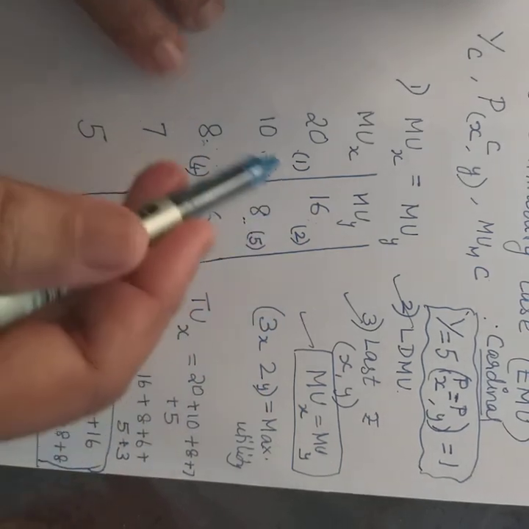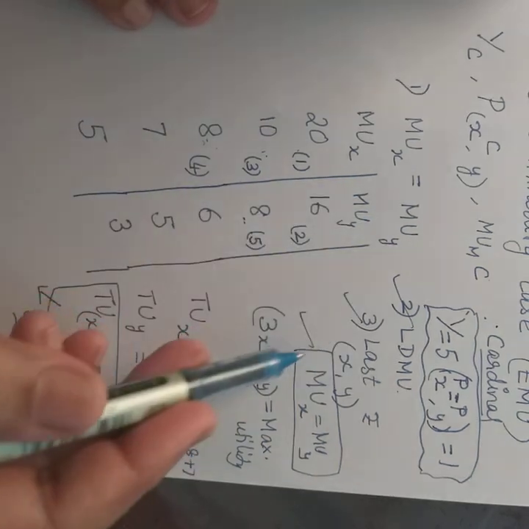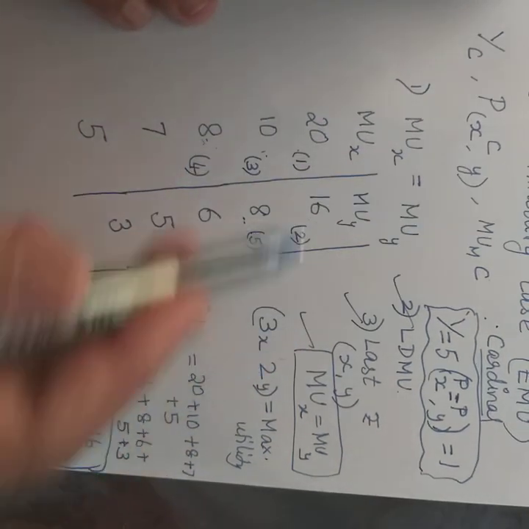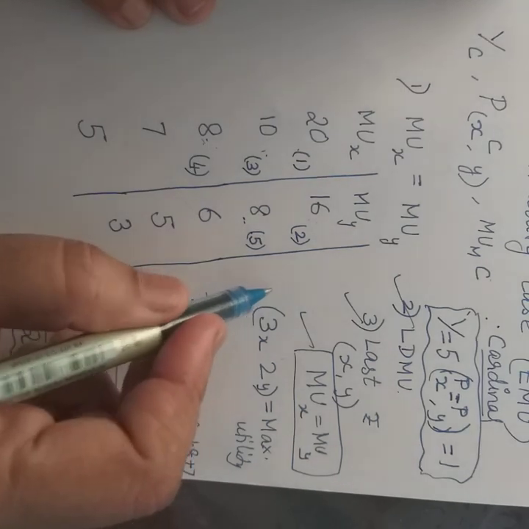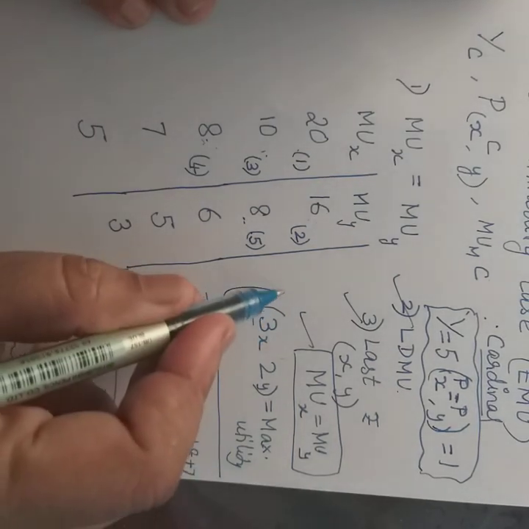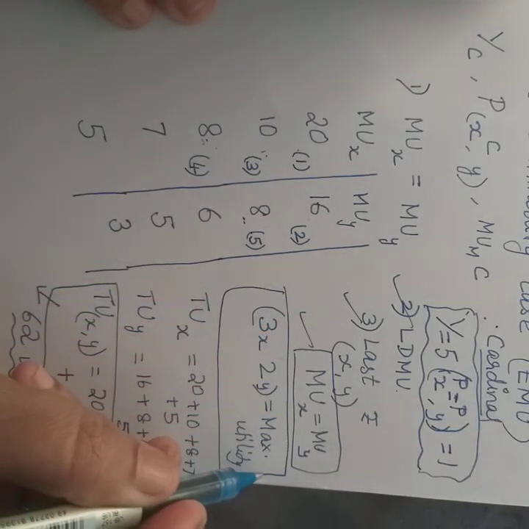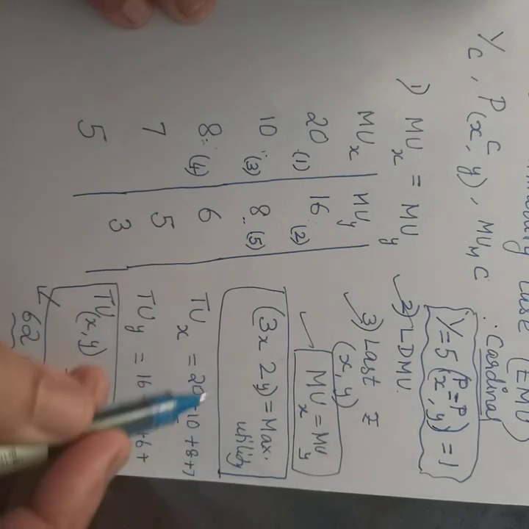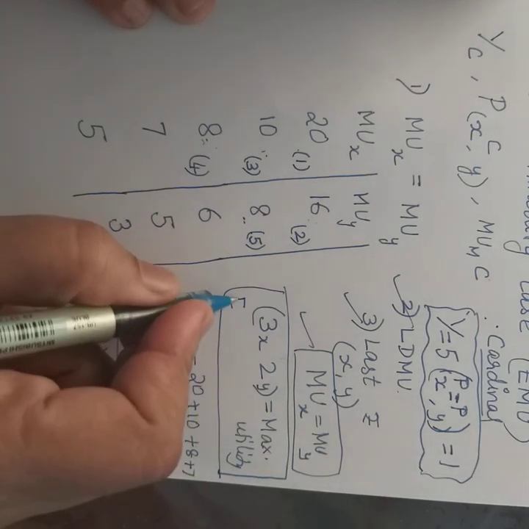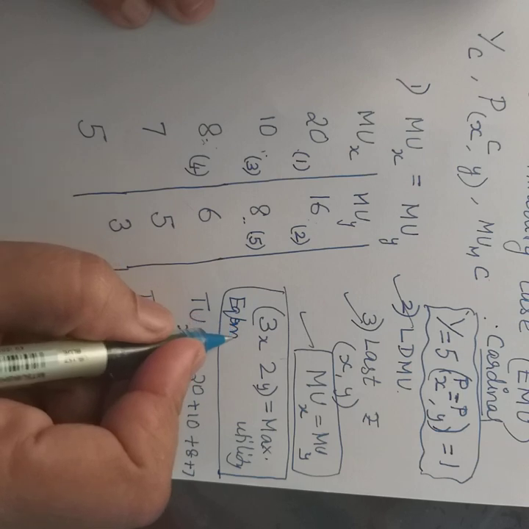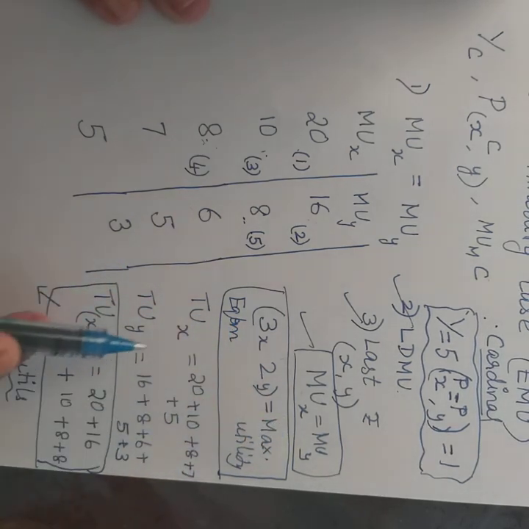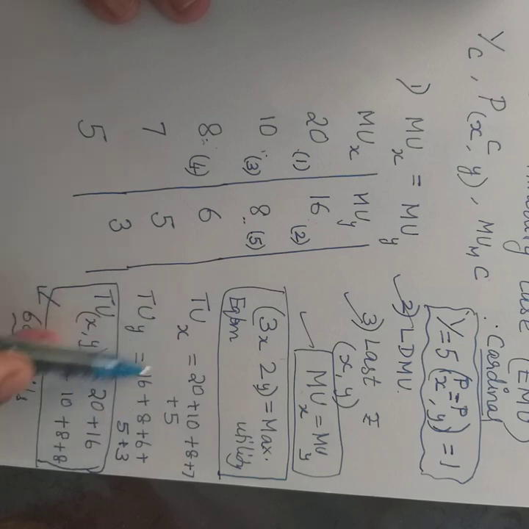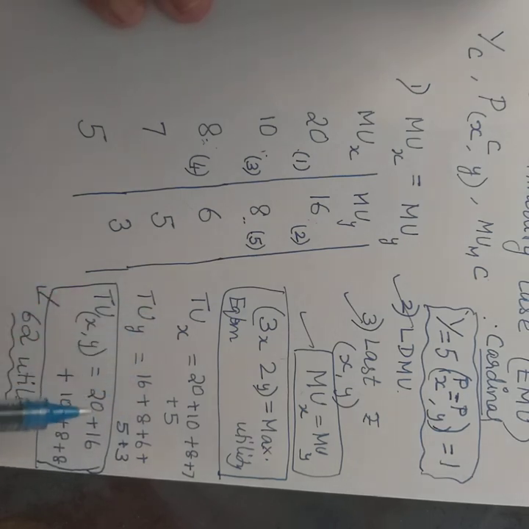So it is the marginal utility approach that I have shown initially, and as per this the consumer attains maximum utility with 3 units of X and 2 units of Y, which is the equilibrium according to the marginal utility method. According to the total utility method, this is how you arrive at it.